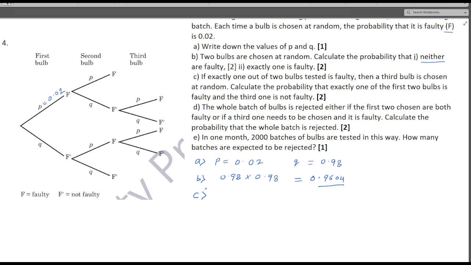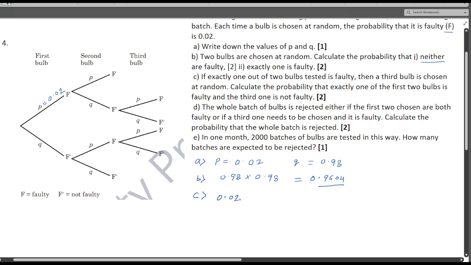So exactly one of the first 2 bulbs is faulty. That means either your first bulb is faulty, whose possibility is 0.02, then your second bulb is not faulty, 0.98. Or your first bulb is not faulty, which is 0.98, and your second bulb is faulty.